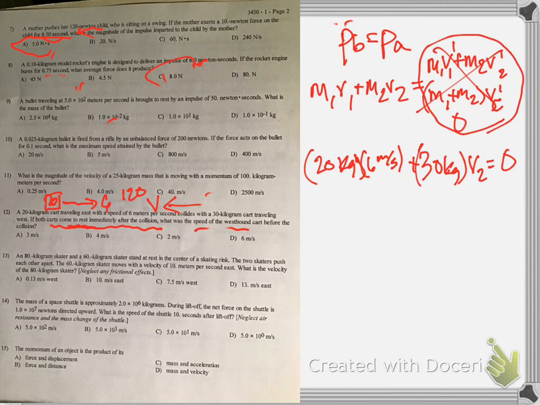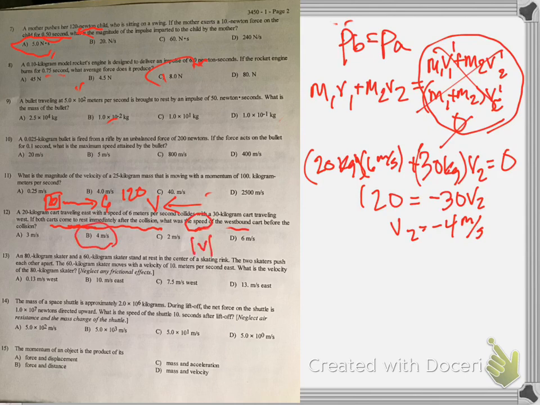Remember, they both came to rest afterwards, so this is 0. 120 equals negative 30 V2. V2 equals negative 4 meters per second. That's not an answer, because they're looking for the speed, which again is just the magnitude of it. So the answer is 4.